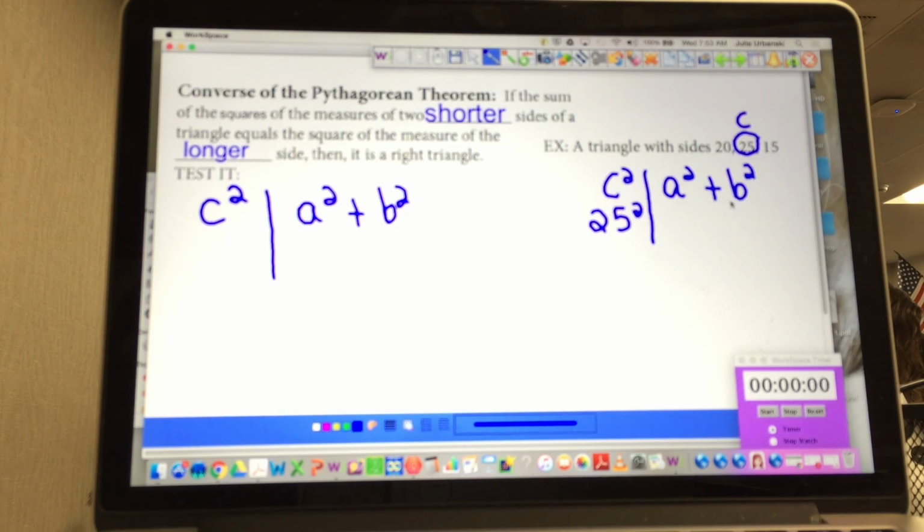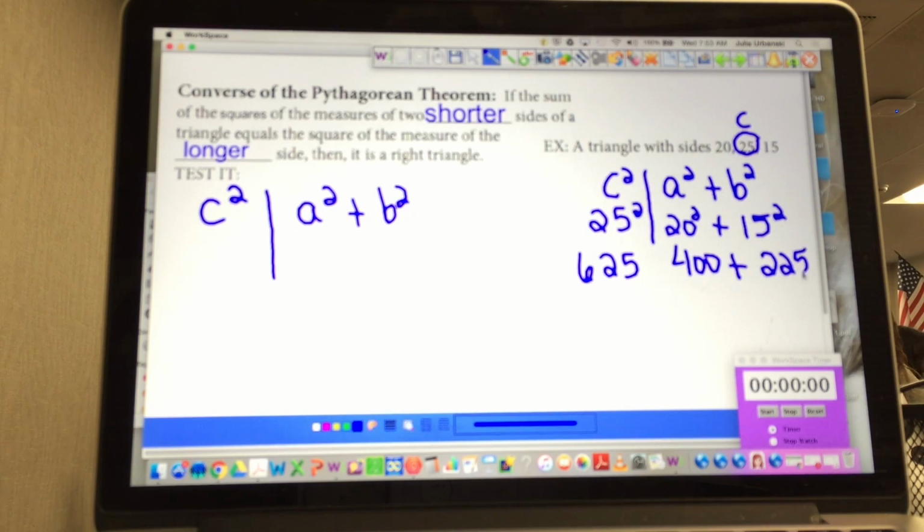And over here I'm going to use the other two in any order you want. 20 squared plus 15 squared. And you're going to want calculators, and you multiply this out, you use PEMDAS, and you compare this side to this side. So 25 squared is 625. And then that's 400 plus 225.